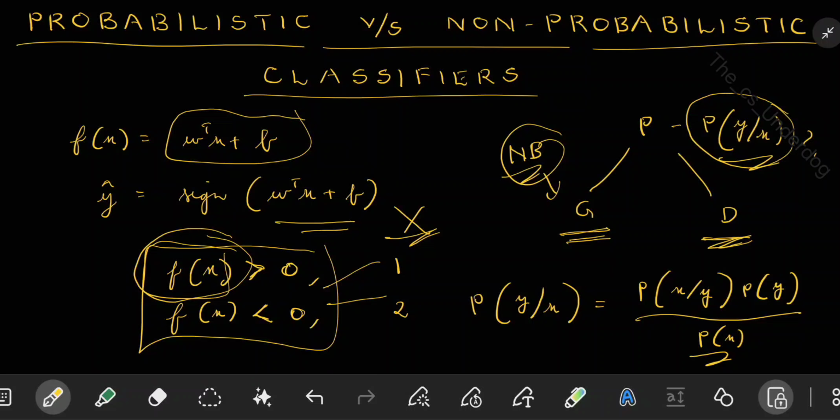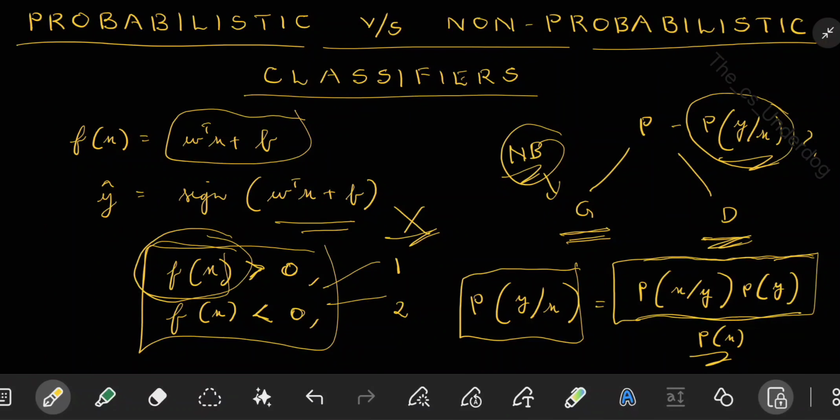What it does is, it will find out P of x given y into P of y, and using this it will find out P of y given x. That is why it is called generative. Mathematically, it first finds this, and using the base formula, it identifies P of y given x.